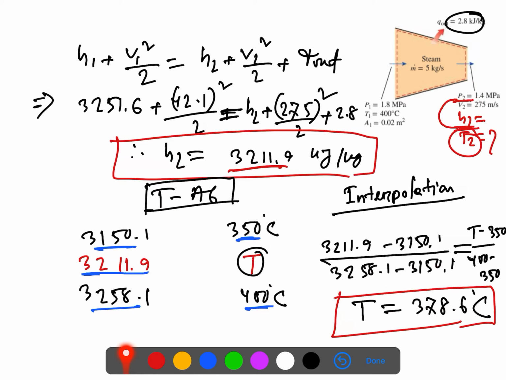The most important part was how to do the energy balance. For the energy balance, we have no energy in and no work in, so those two terms will be 0. I showed you earlier, and during the lecture I will discuss it a bit more. So I think that's it.